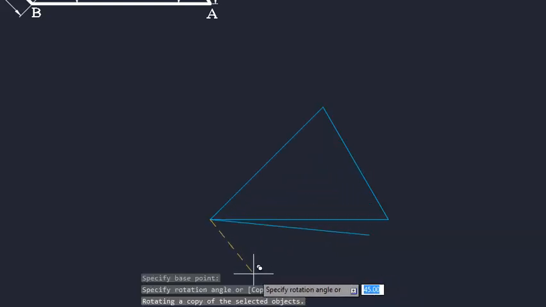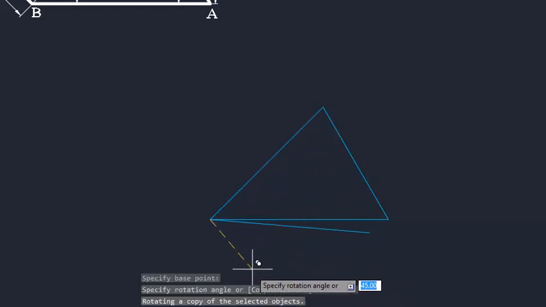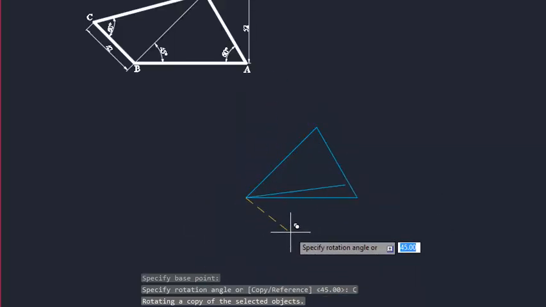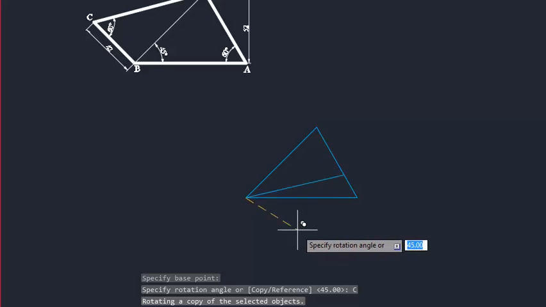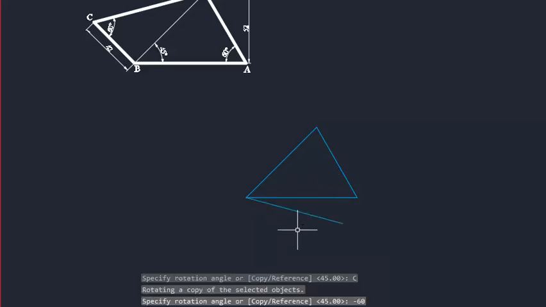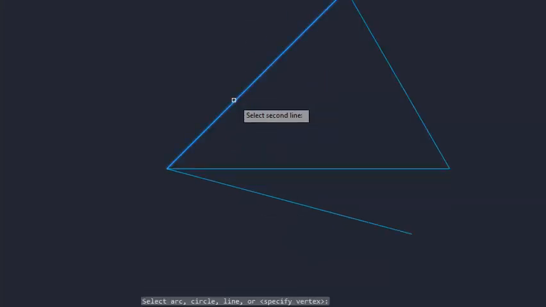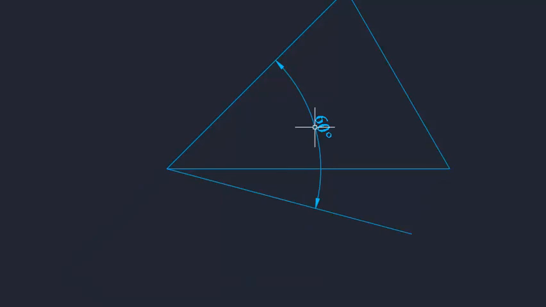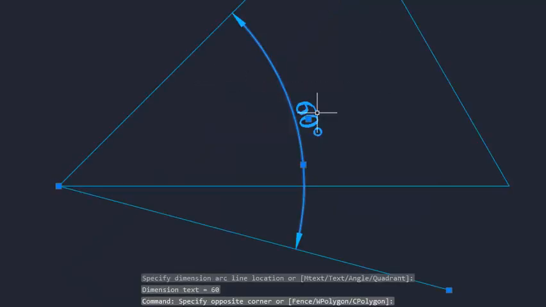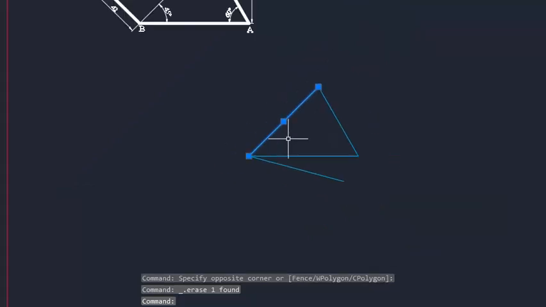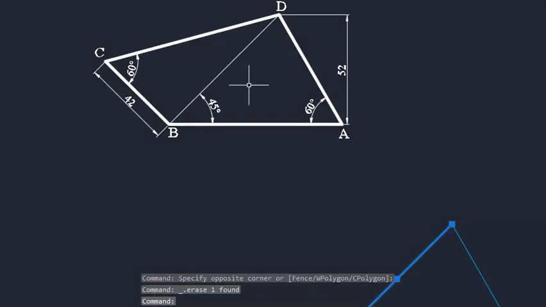Since the vertical angle is 60 degrees, we shall construct an angle of 60 degrees. You can see that when I measure, the angle between this is 60 degrees. So I've constructed 60 degrees there. That is an angle to the base of triangle BCD.